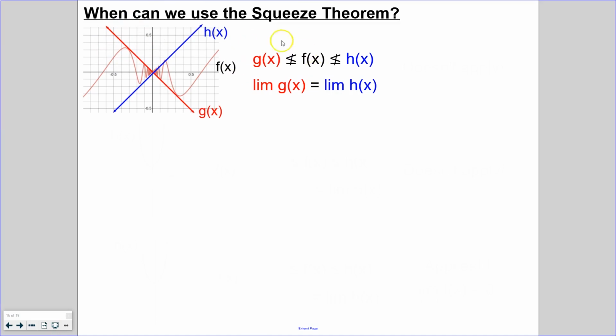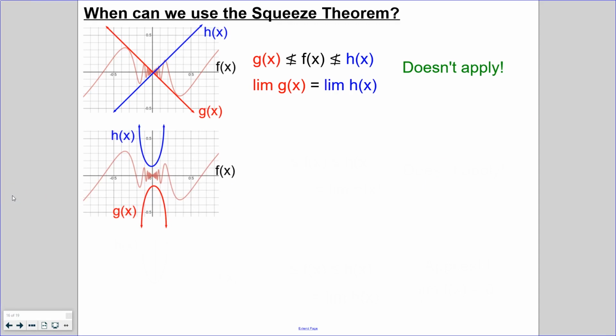So this side of the inequality isn't true. And same thing for the upper side. Here, h of x is greater, but this piece down here is less than. So since we can't form this compound inequality, the squeeze theorem does not apply. We would not be able to squeeze these three particular functions together. The squeeze theorem would not work.